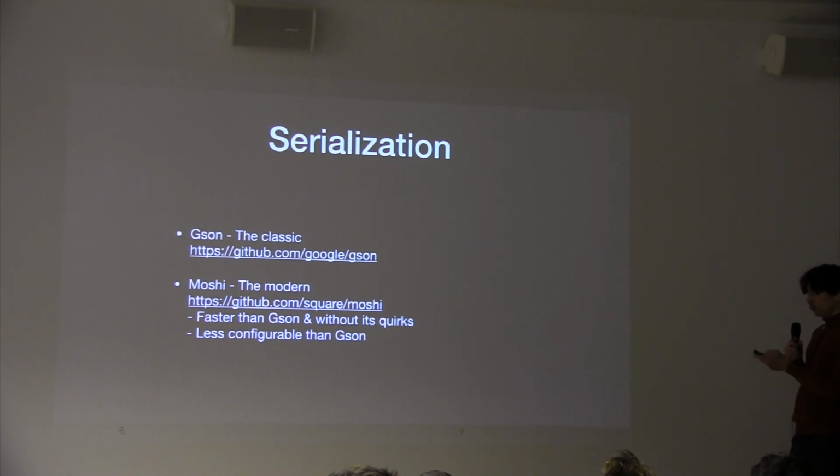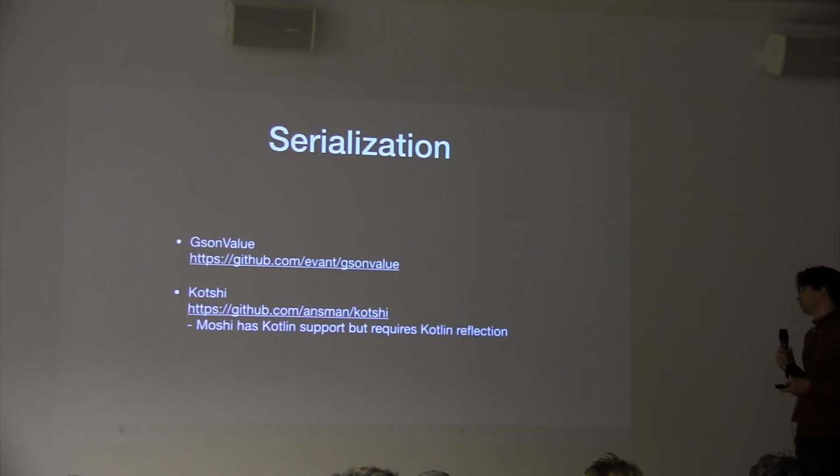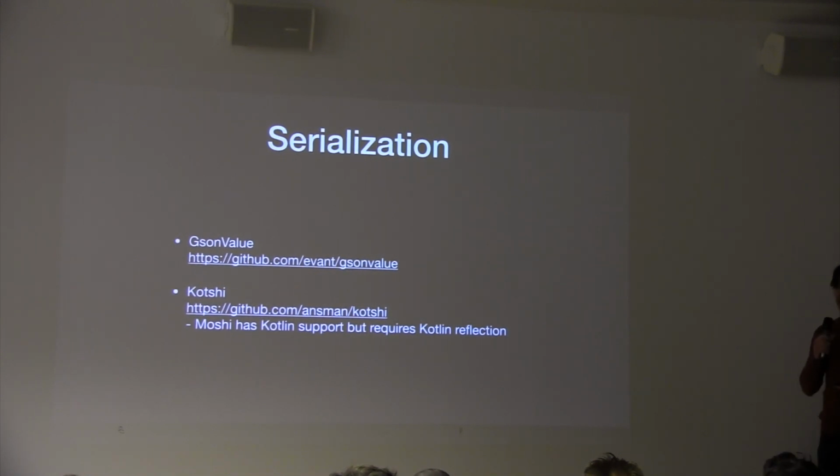In addition, if you're just using those out of the box, you're basically going to rely on reflection for parsing the result, unless you write the adapters for these classes. So there are libraries to help us with that, and for JSON there is JSON value, and for Moshi there is Kochi.